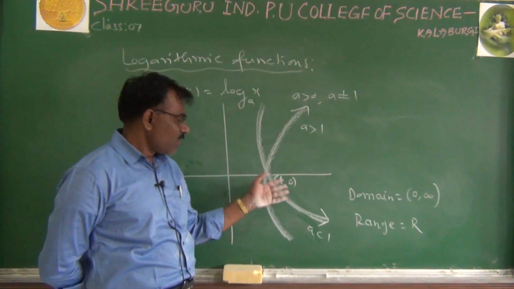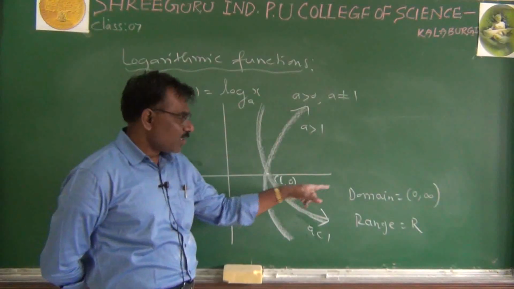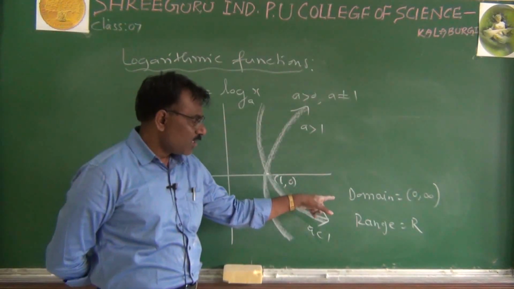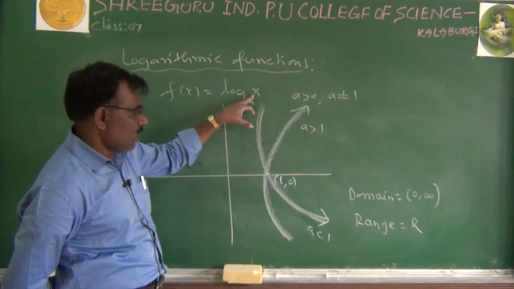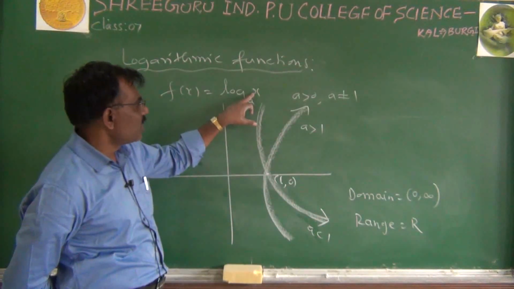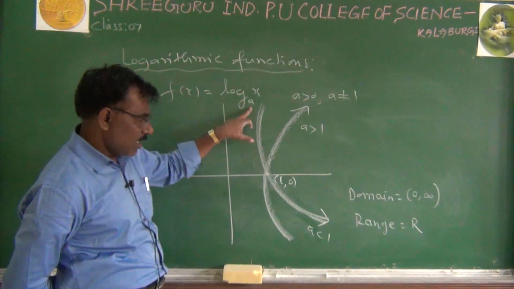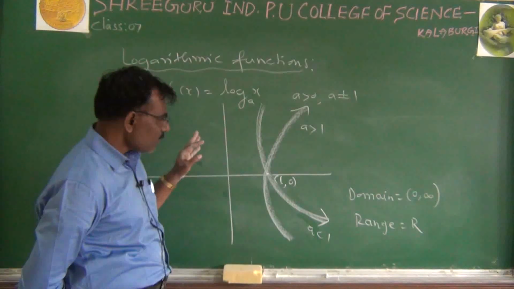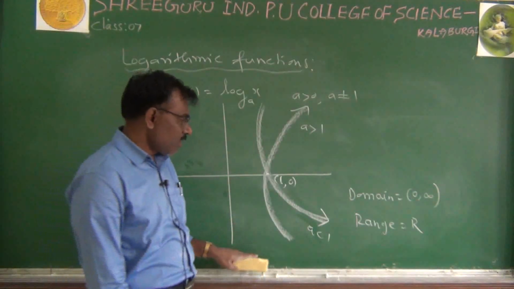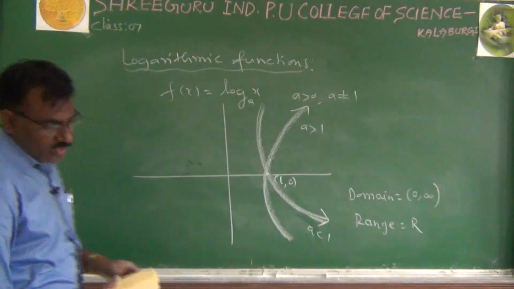The domain is 0 comma infinity and the range is R. You substitute x as any positive number and the range is the real numbers. So 0 comma infinity is the domain and the range is R.